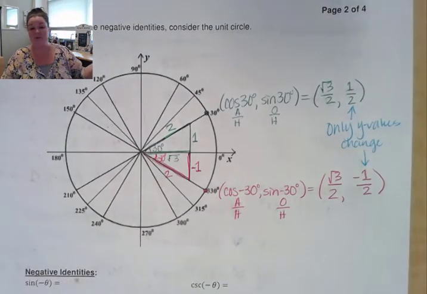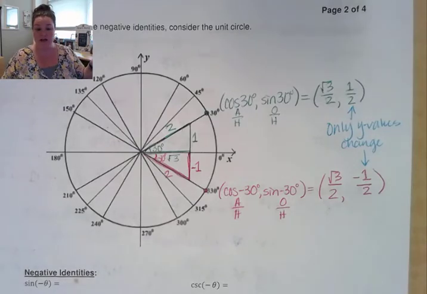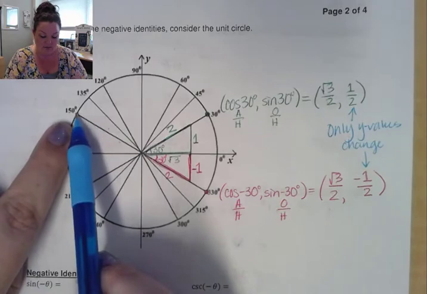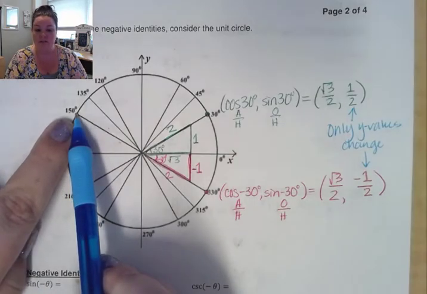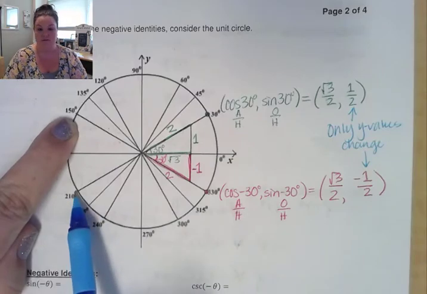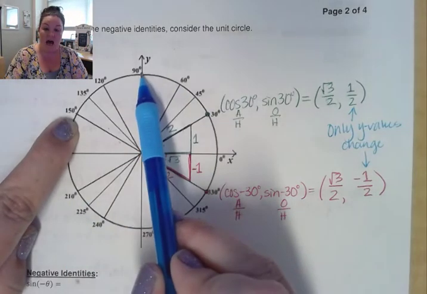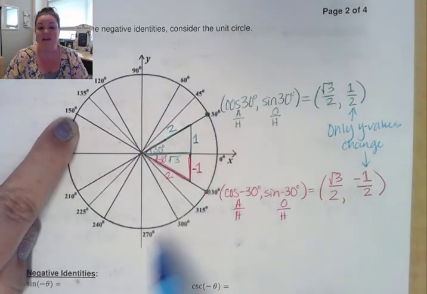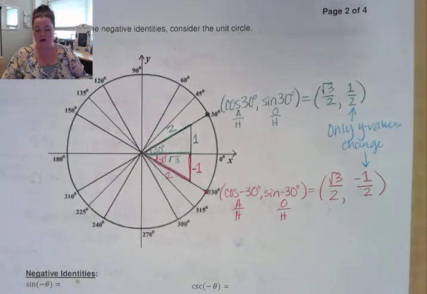We can apply this with any angle that we desire. If we wanted to find sine and cosine of 150, and then sine and cosine of negative 150, or sine of 90 and sine of negative 90, what we'll notice is only the y values change.